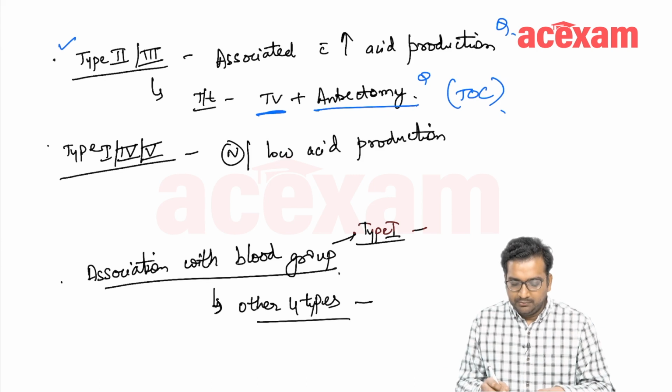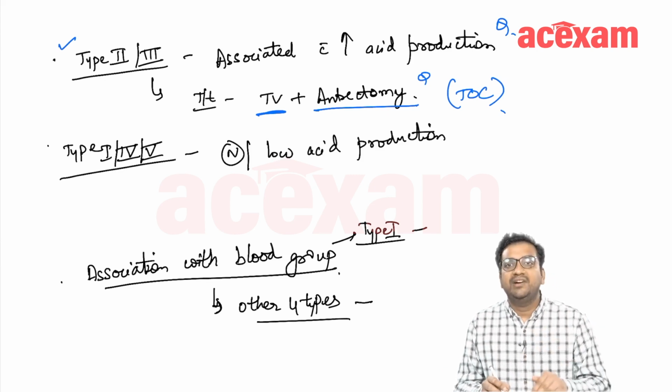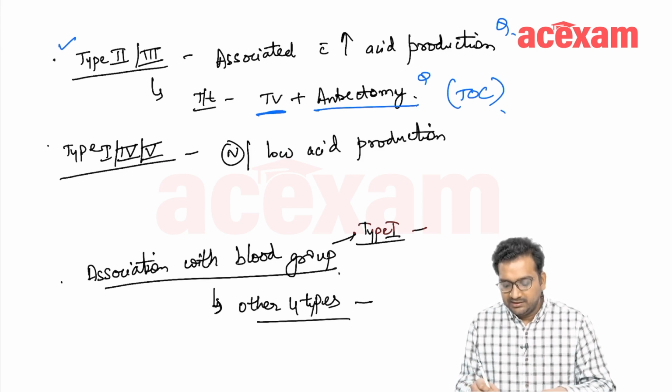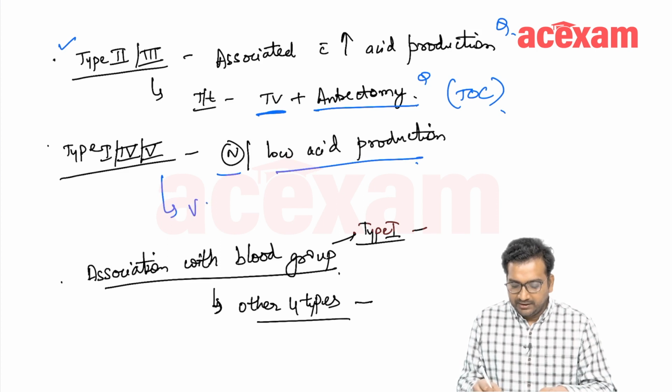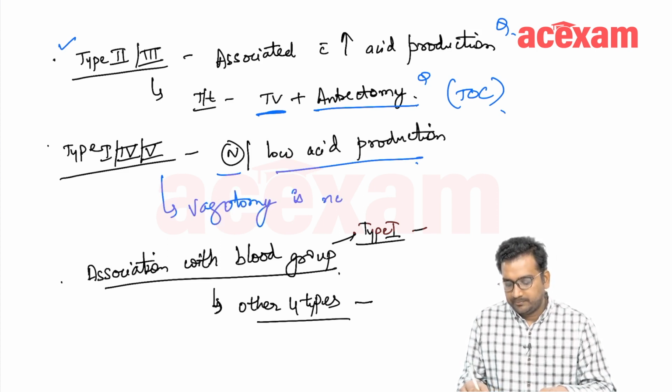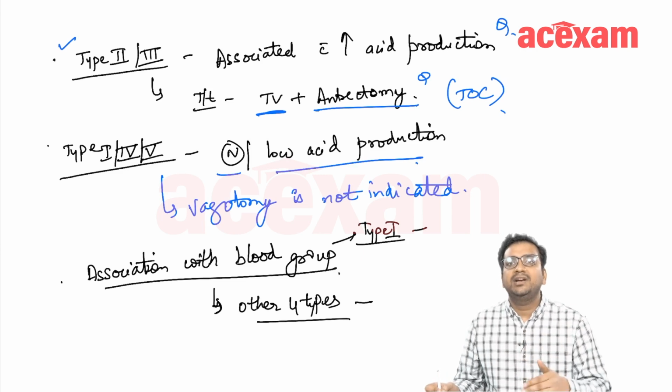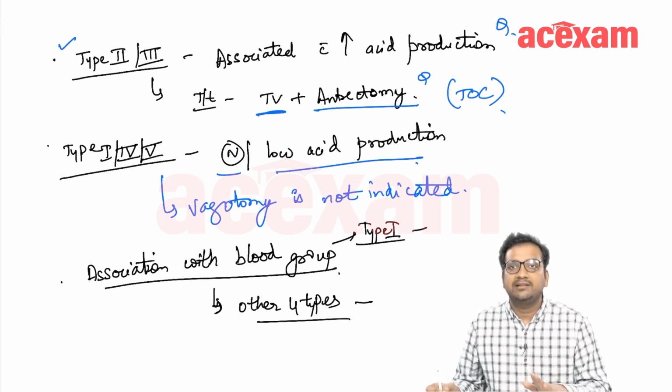Now type 1, 4 and 5 are not associated with more acid production. There is either normal or low acid production. That is the reason why vagotomy is not indicated in type 1, type 4 and type 5 of gastric ulcers.